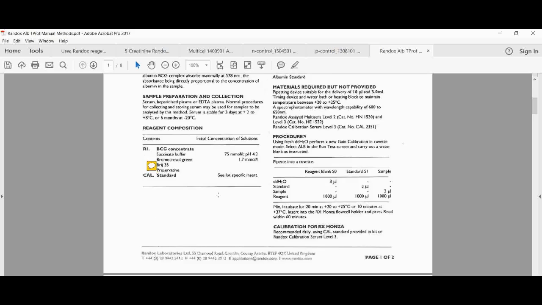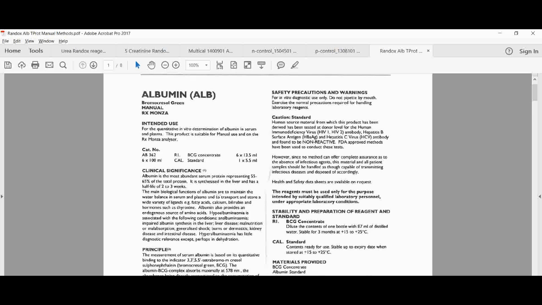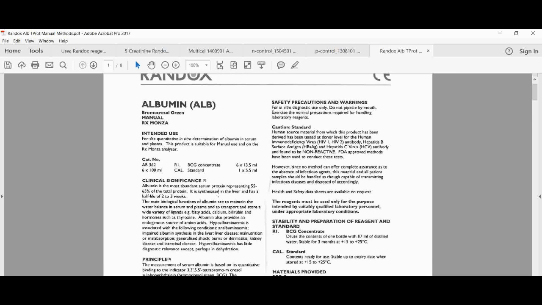If we go down, okay, just go to the top, then other information that is on the sheet is safety precautions and warnings. And here it just tells you general safety precautions that you have to adhere to, such as do not pipette by mouth.